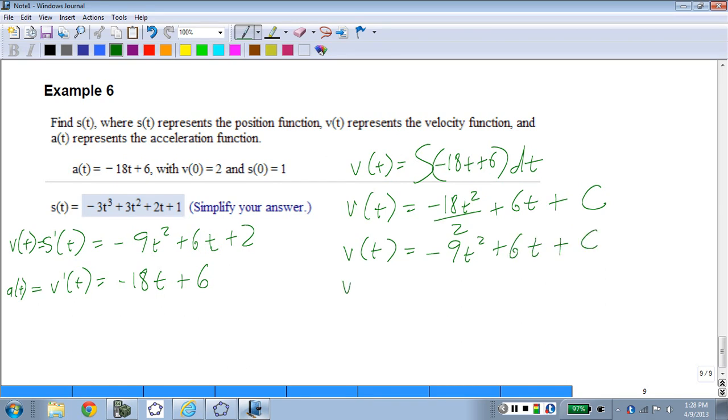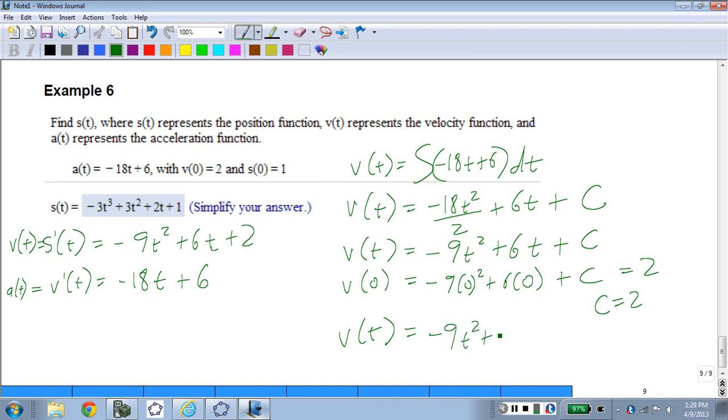We're given that v of 0 is 2. That's enough information to find c. If we substitute 0 for t, the t terms are eliminated, and we see that c equals 2. So v of t is actually negative 9t squared plus 6t plus 2.